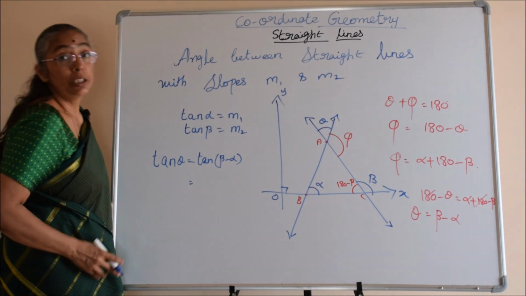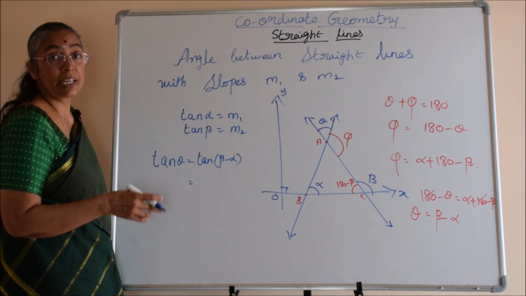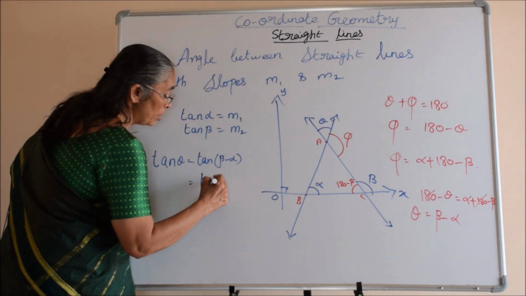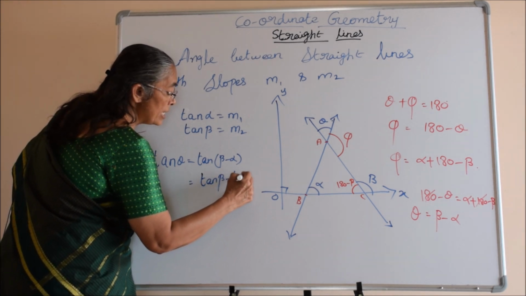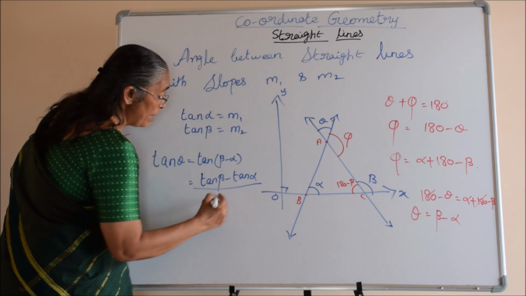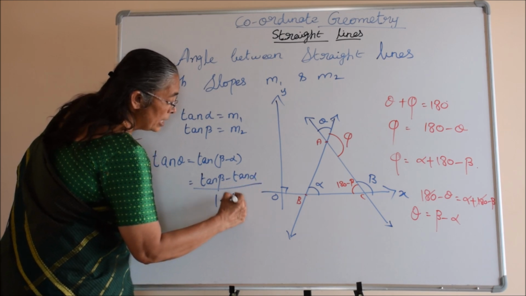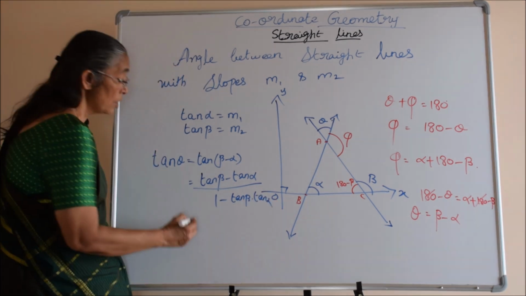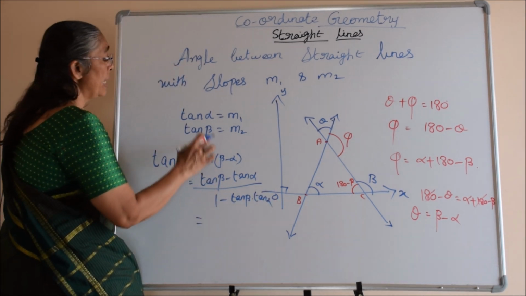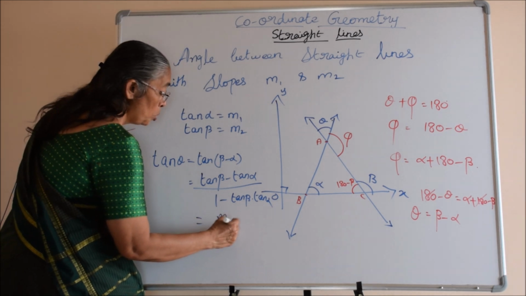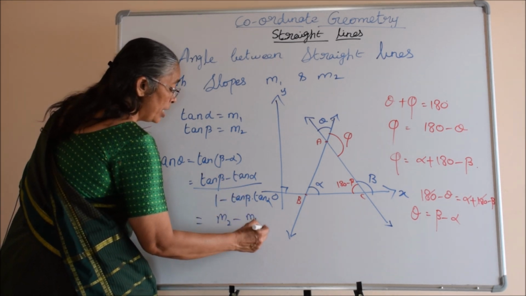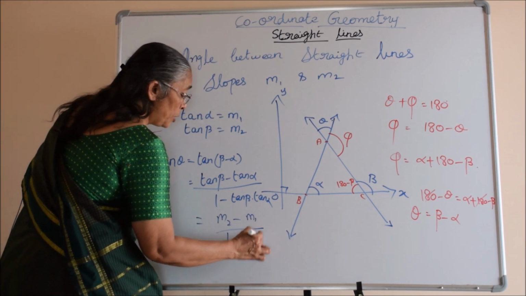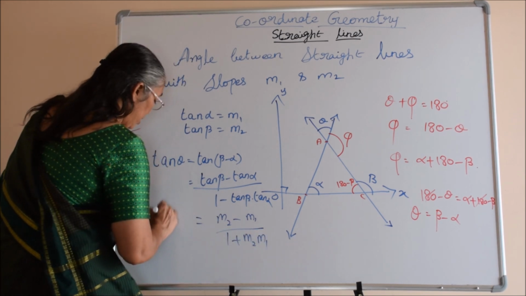Now, you know the tan A minus B formula: tan A minus tan B by 1 plus tan A tan B. Using that formula, tan beta minus tan alpha divided by 1 plus tan beta into tan alpha. Now tan beta is m2 and tan alpha is m1, so m2 minus m1 by 1 plus m2 into m1. This is the tan theta value.